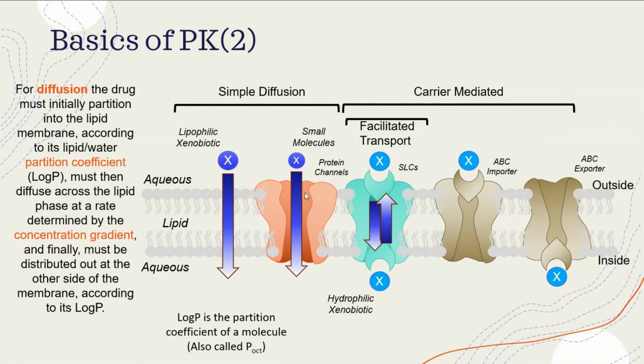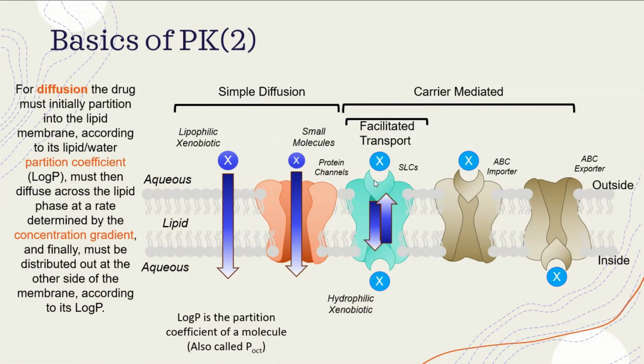Again, this is a specific protein that is recognizing the structure of that xenobiotic and is able to transport it across the membrane. With facilitated transport, again, this is diffusion limited, so it can only go in the direction of the concentration gradient. So it can go in either direction, inward or outward, but it requires a specific binding event to occur at this carrier protein.